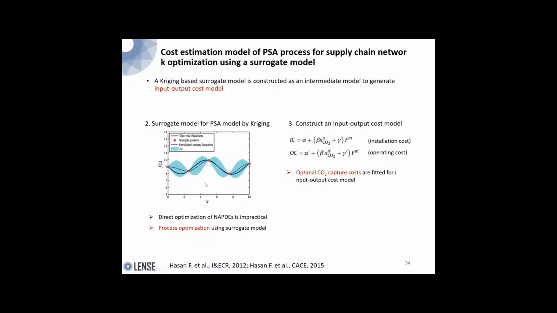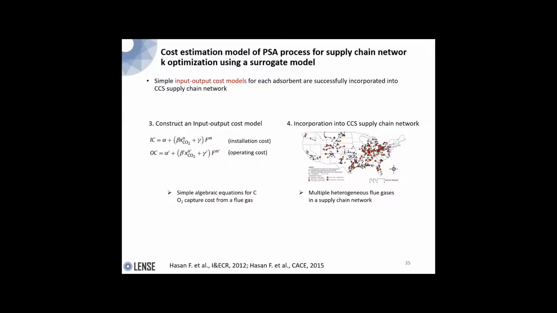And then once they optimized the process, they could get the data for things like the installation cost and operating cost. And then they fit a model of this form to create a function between things like the flow rate and the CO2 mole fraction to installation cost and operating cost. And then using this simple economic equation, they could actually use it to create a CCS supply chain network.